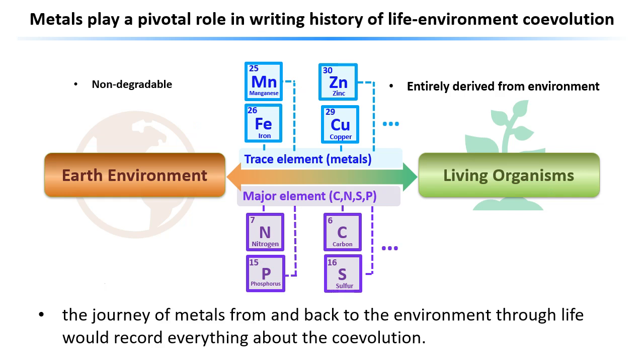In fact, metals as micronutrients play a pivotal role in writing the history of life-environmental co-evolution. More importantly, we know metals are not degradable in the environment, and life can only obtain metals from the Earth's environment, and the journey of metals from and back to the environment through life would record everything about the co-evolution.